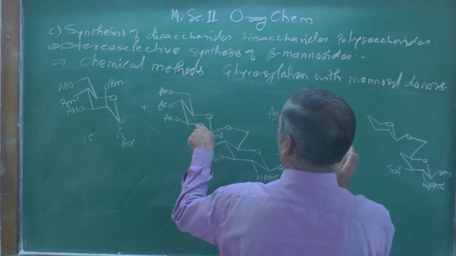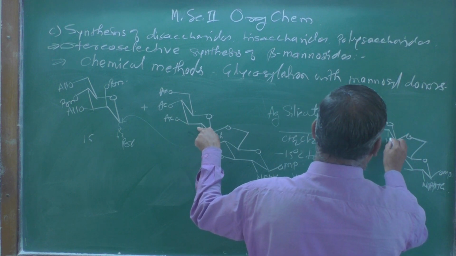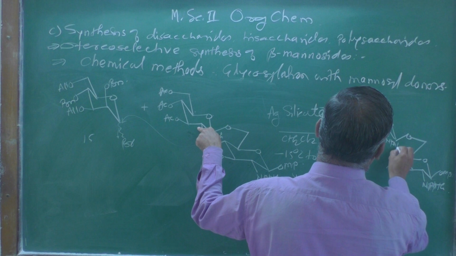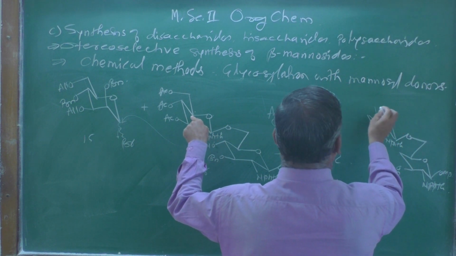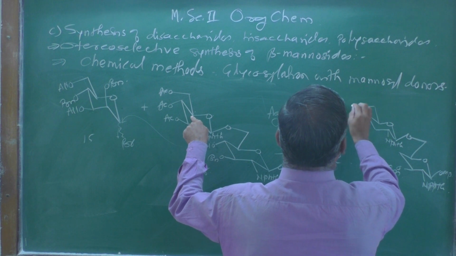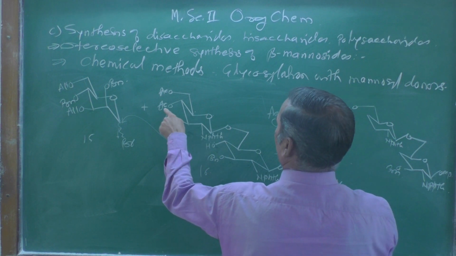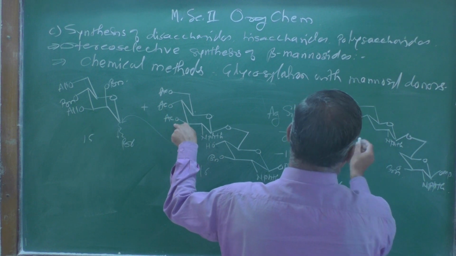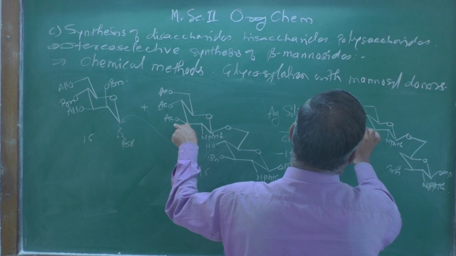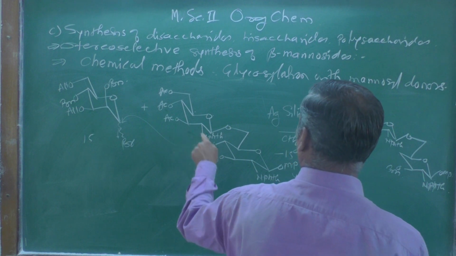Now look at here once again. NPhth, here at this position the group lying at the equatorial position, here once again an acetyl group, here also OAc means acetyl group.